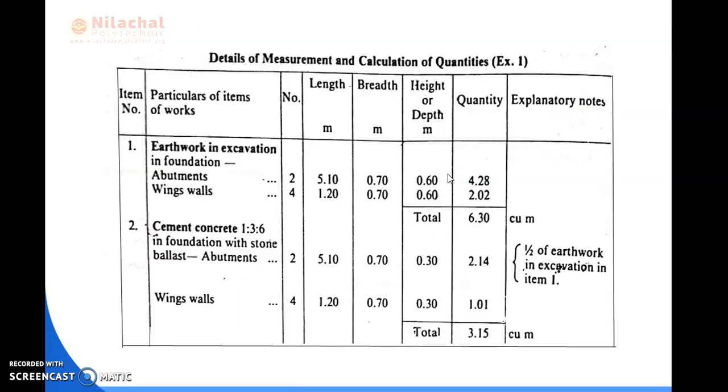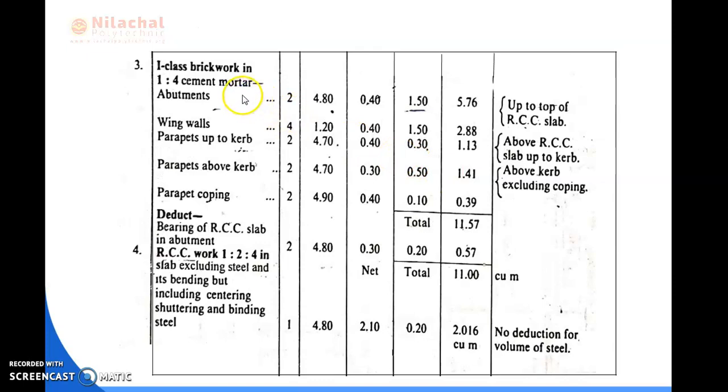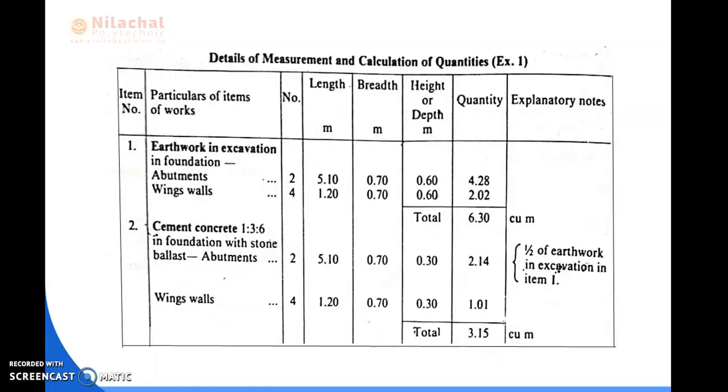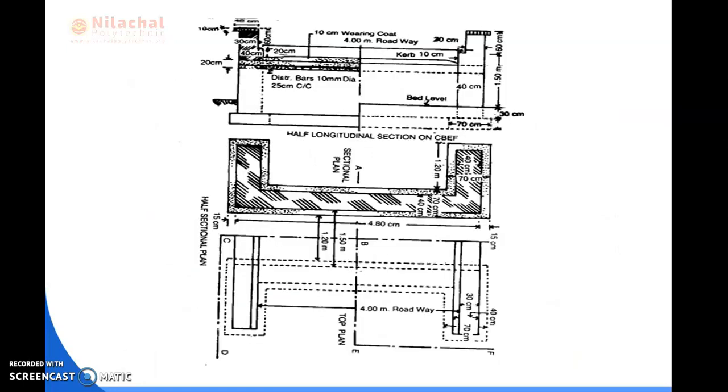Here the length of the wing wall is also provided. The brickwork is provided in the abutment and wing wall. First of all, we need to know about the parapet. What do you mean by parapet in an RCC slab culvert? The brickwork provided above the slab in a culvert is known as the parapet wall. Here the RCC slab is provided.